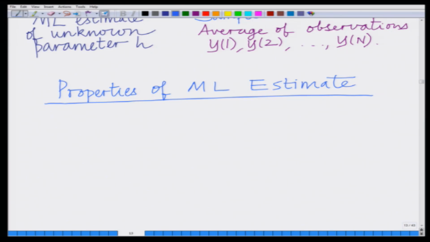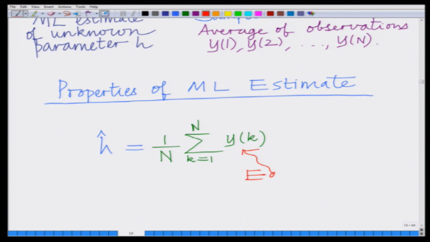Now, remember we have h hat equals 1 over n summation k equals 1 to n y k, and recall that each observation y k is random in nature. In fact, each y k is random Gaussian.